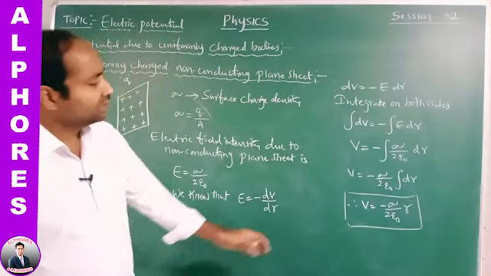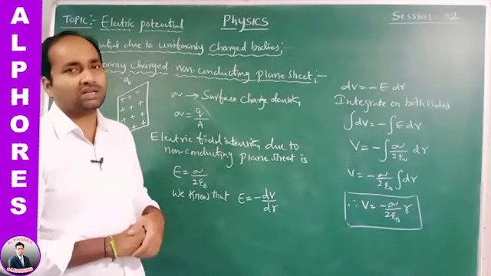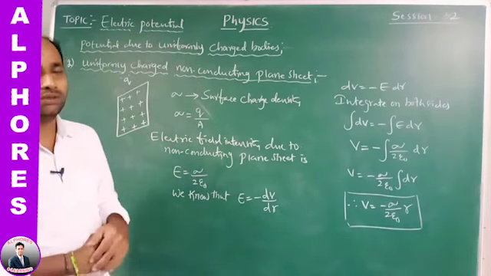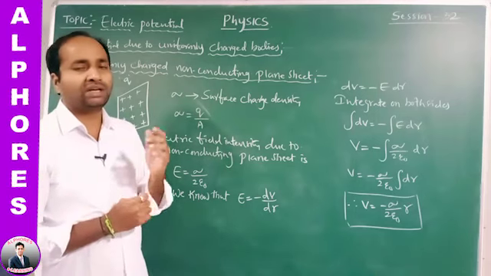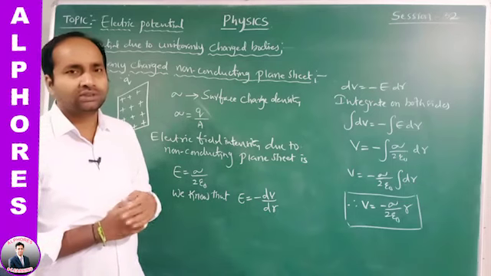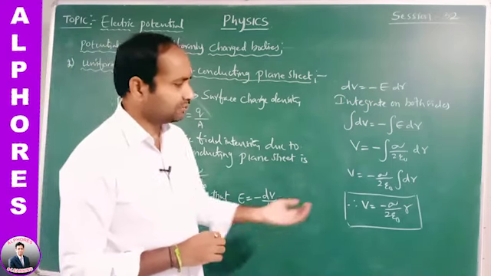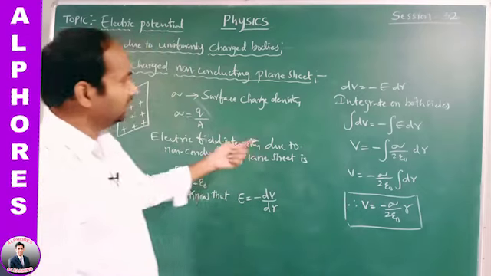So this is the potential due to a uniformly charged plane sheet. Potential due to an infinitely long charged wire is lambda by 2 pi epsilon naught log base e r. Here V is equal to minus sigma by 2 epsilon naught r.